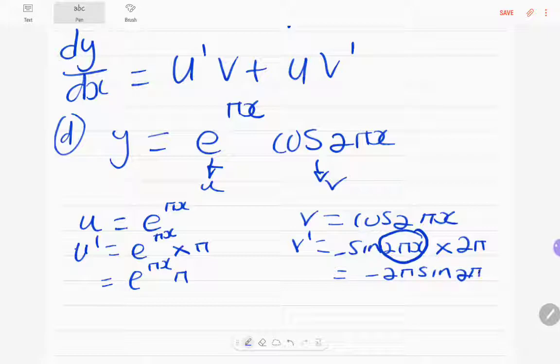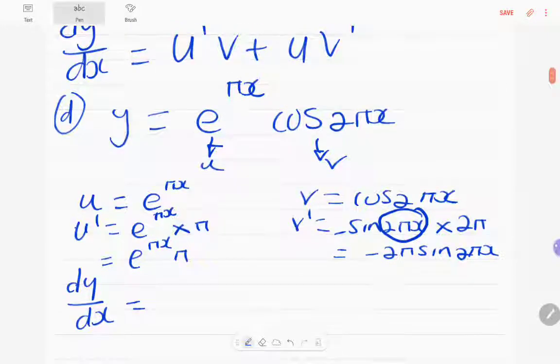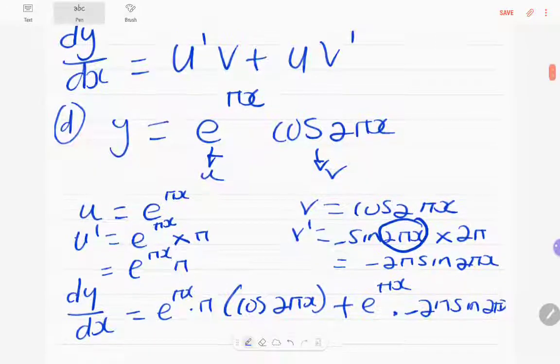Now, let us apply the formula. dy over dx is equal to, what is our u prime? Our u prime is e to the power pi x multiplied by pi. Now, what is our v? Our v is cos 2 pi x plus, what is our u? Our u is e to the power pi x multiplied by the derivative of v, which is minus 2 pi sine 2 pi x.